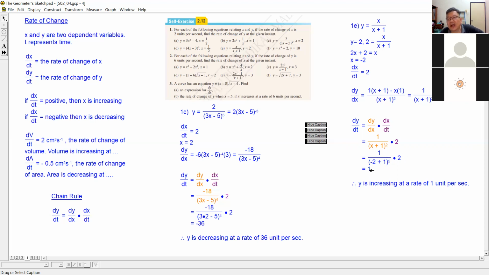Use your calculator and you find the answer to be 1. But there's something special about this question, which is slightly different from the first one: they give you y, and with this y you have to find out the x. Then only can you substitute in here, because with y alone you cannot substitute. So you use the y, find out the x, then use the x that you have found to substitute here.